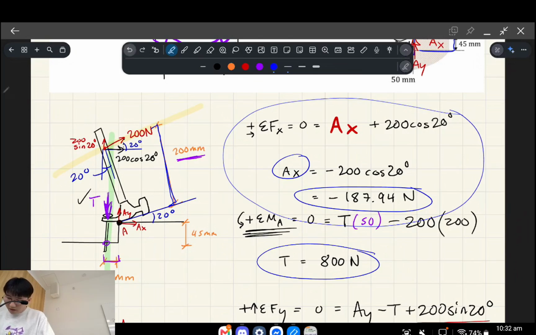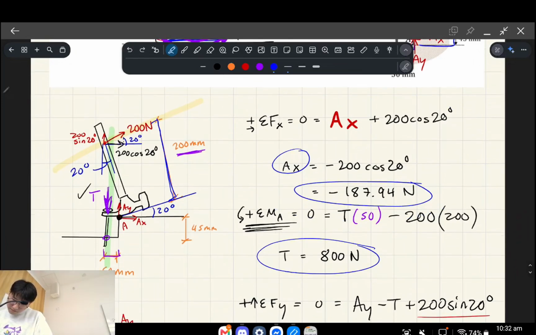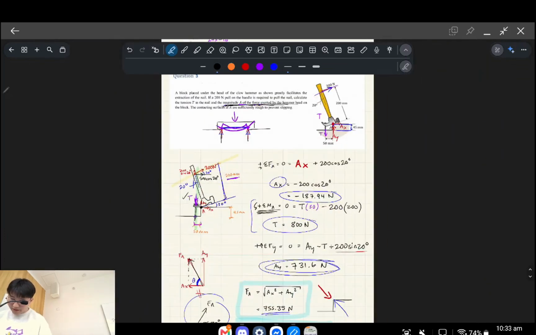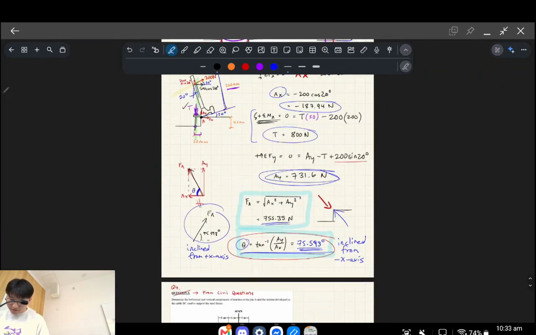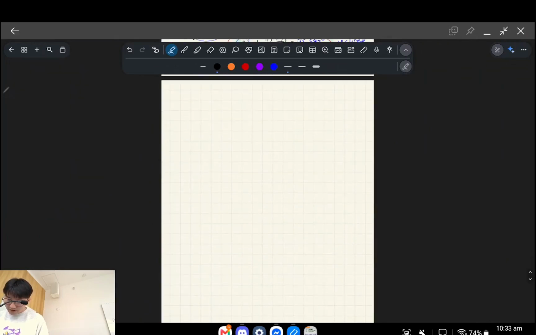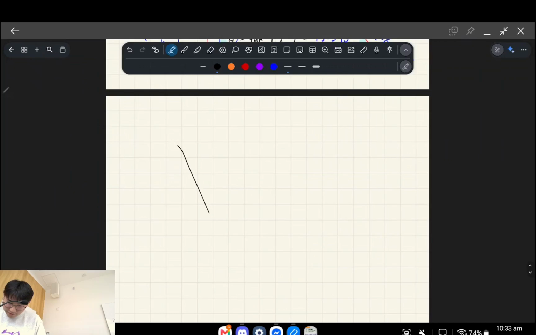Oh, like when you figure out the moment, you use the x coordinate of the tension and also a diagonal that wasn't on the x. Oh, okay. Okay, this is too messy to draw on. I think I kind of see what you're saying. Okay, you got a hammer. I'm going to draw it like this or something. You got this, right? This is point A, which is what we're taking everything about.